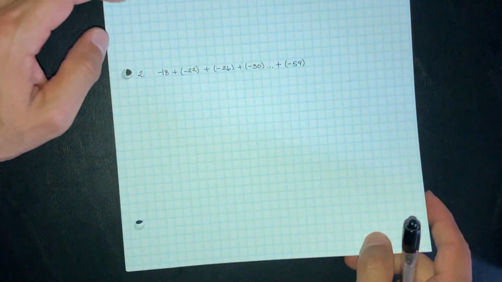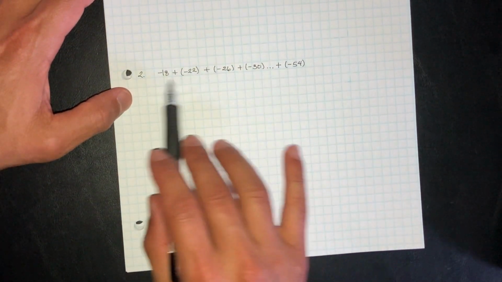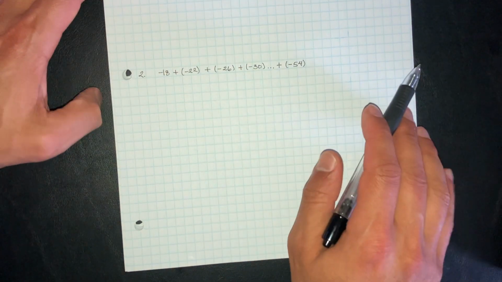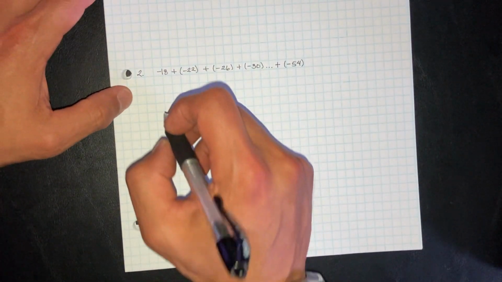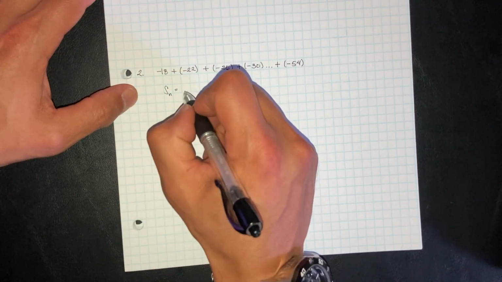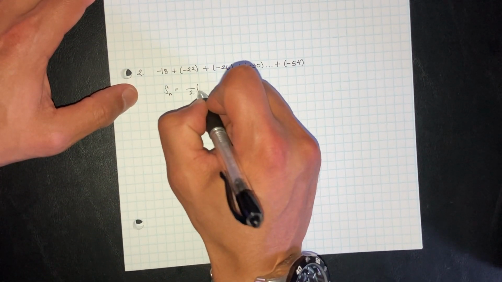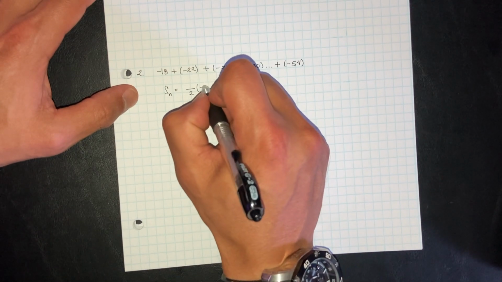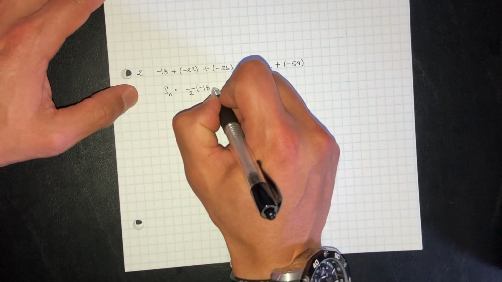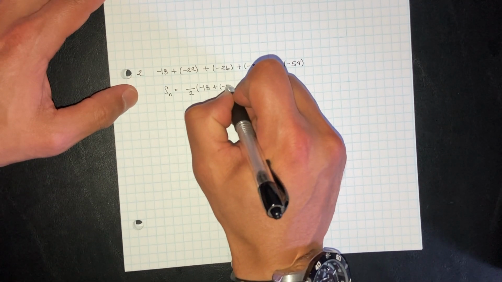Okay? Same thing with the negatives, igualmente con los negativos. Si la serie se está sumando por el mismo número o restando el mismo número, es igual. Okay? Entonces vamos a seguir. Los números de términos no los sé. El primer número es menos 18. The first number is negative 18. The last one is negative 54.